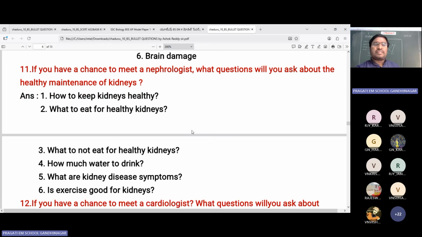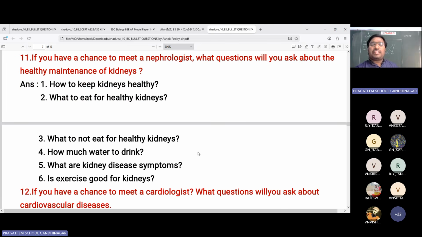Okay, next. If you get a chance to meet a nephrologist, what questions will you ask about the healthy maintenance of the kidney? A nephrologist is the doctor who deals with kidney and nephron related problems. Nephron is a filtrating unit present in the kidney, no?